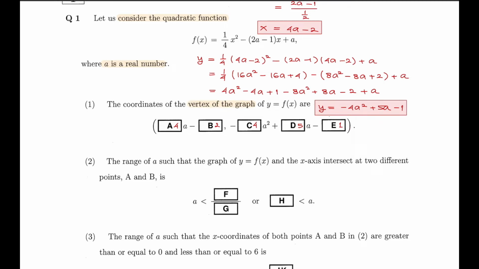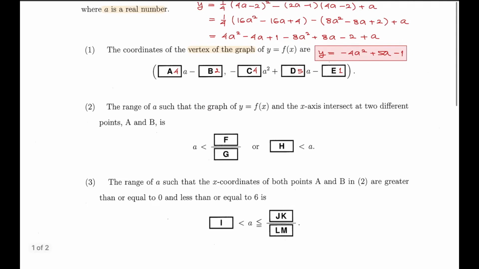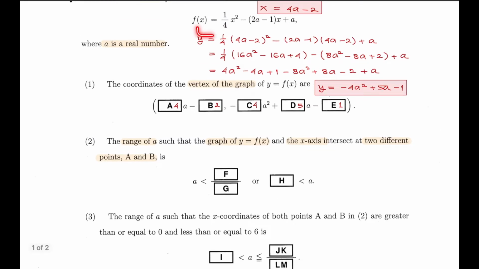Berikutnya, pertanyaan kedua dia bilang, kita diminta untuk mencari nilai A. Jadi dia bilang the range of A, berapakah rentang nilai A, supaya grafik y equals to f(x) and the x-axis intersect at two different points A and B. So if we draw this graph, it will intersect the x-axis at two different points, A and B. Since this is a quadratic equation, so the shape of the graph will be parabolic.